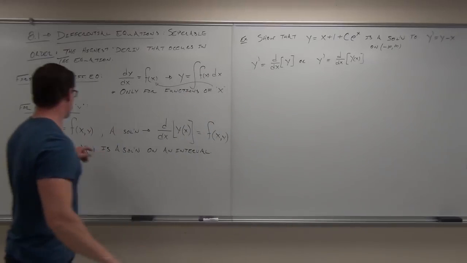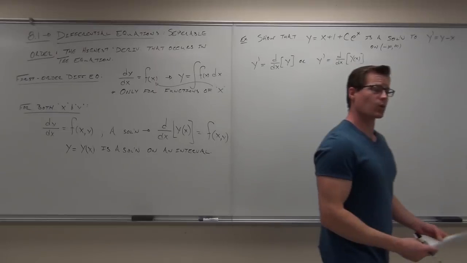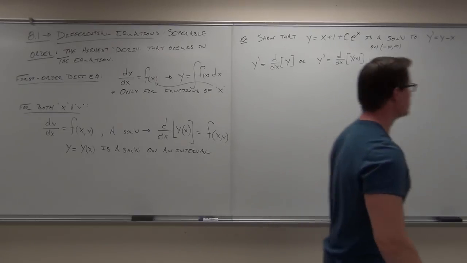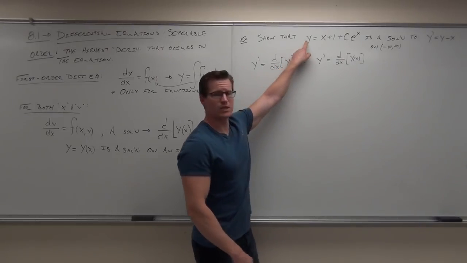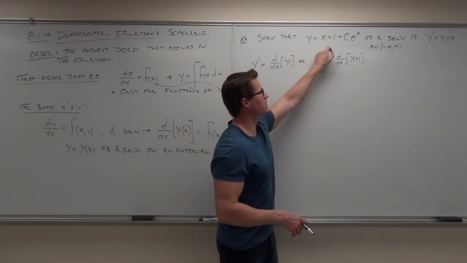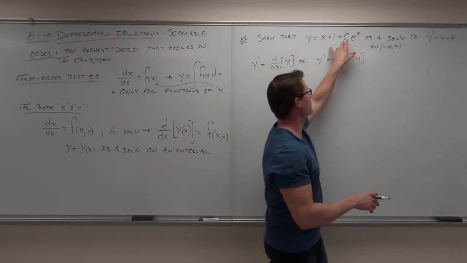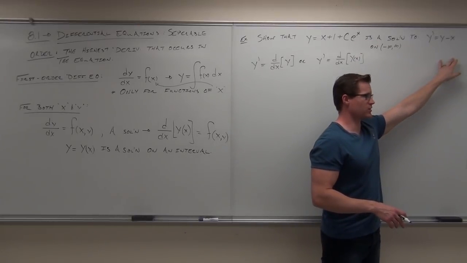That's what we have over here. y equals y of x. Well, here's what we're going to do then. We're going to take a derivative of this thing. This would give us a y prime. What we're going to see is if when we take a derivative of this thing, it matches up to this thing. That's basically all it is. It's saying take a derivative, see if it matches right here. You guys with me on this one?